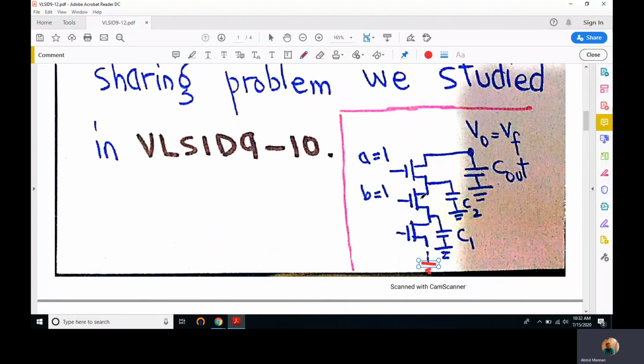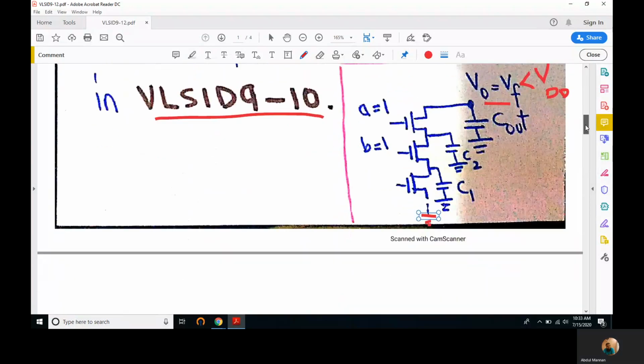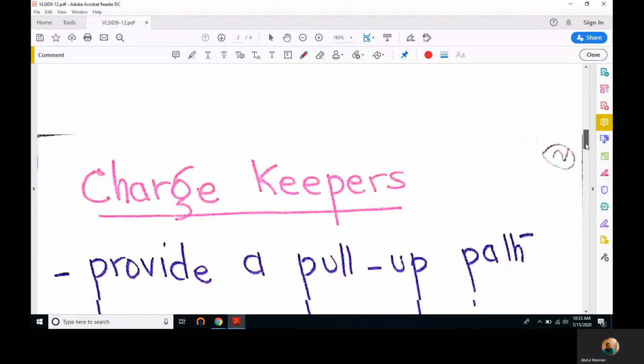If we ignore the resistances of each transistor, and then we have a discharging current flowing through, which settles V out to a value Vf that is lesser than VDD. This was studied in detail in lectures 9 and 10.